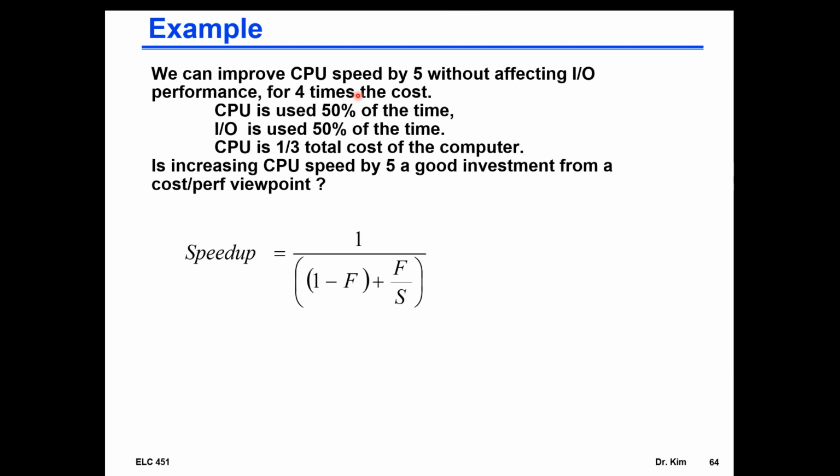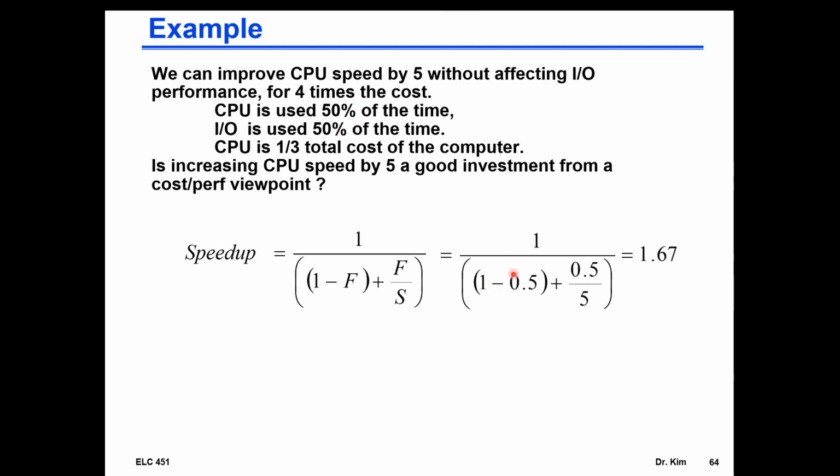Remember our relationship. We always go back to that. The speed of the system overall is going to be the part that is not used. This is the I/O, because the CPU is used 50% of the time and the I/O another 50.